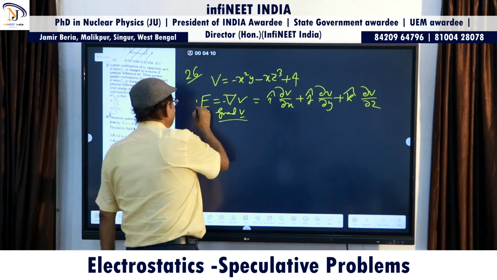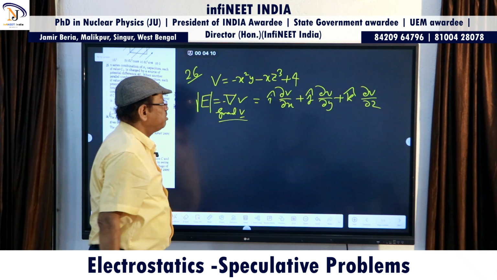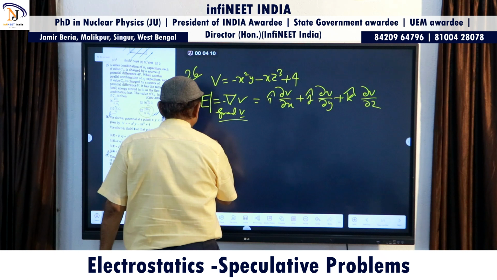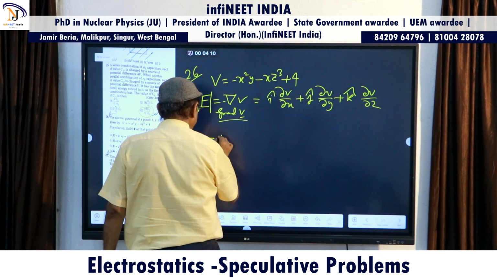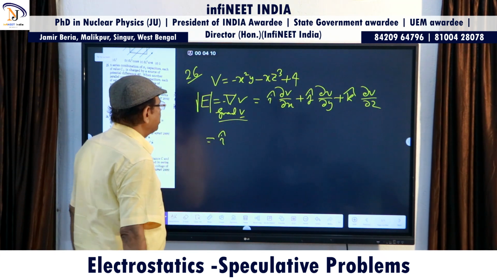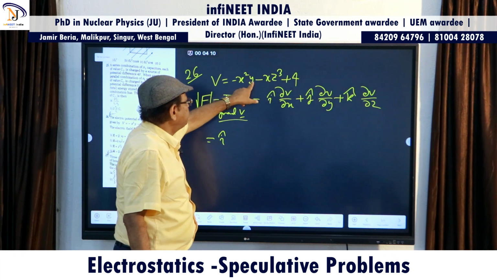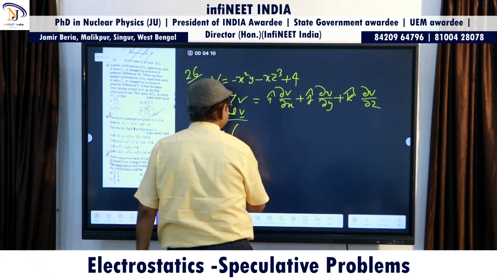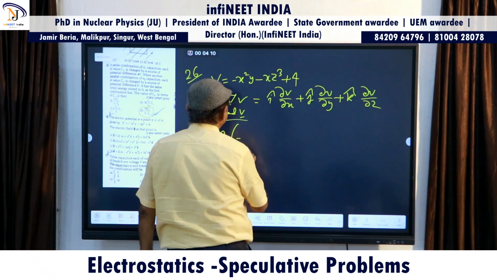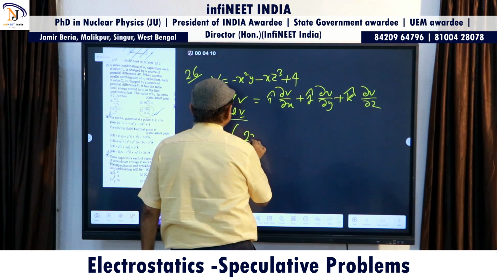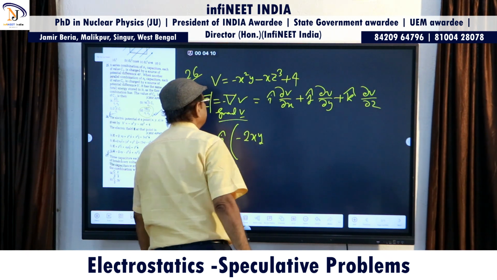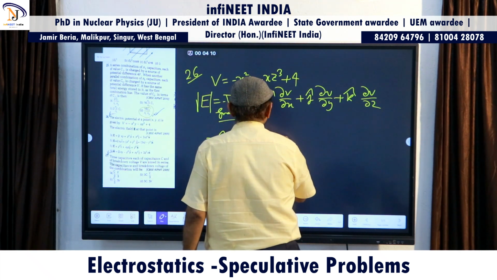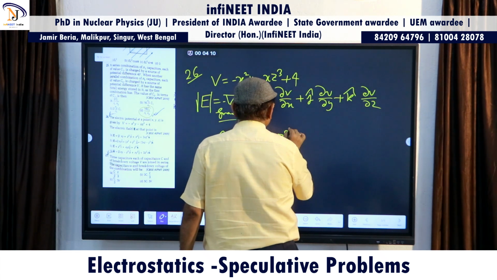I have already taken the numerical value, so this will be your result. What is i component? i into dV/dx. dV/dx means minus twice x y minus z cube.